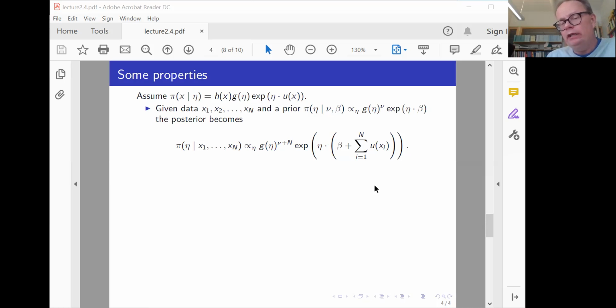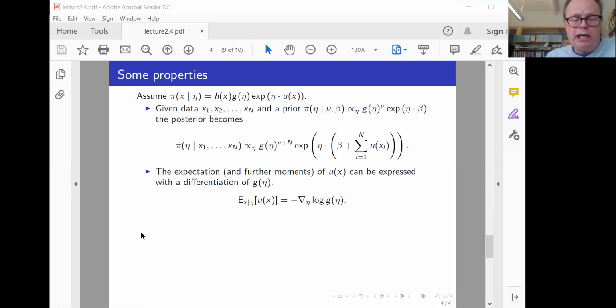Not all of them are related to conjugacy. There are many other properties also. But let's first mention that if you have a prior like this, and you have a number of observations, then you can easily write down the posterior. So this is using the conjugacy in these families. But you have other properties also.